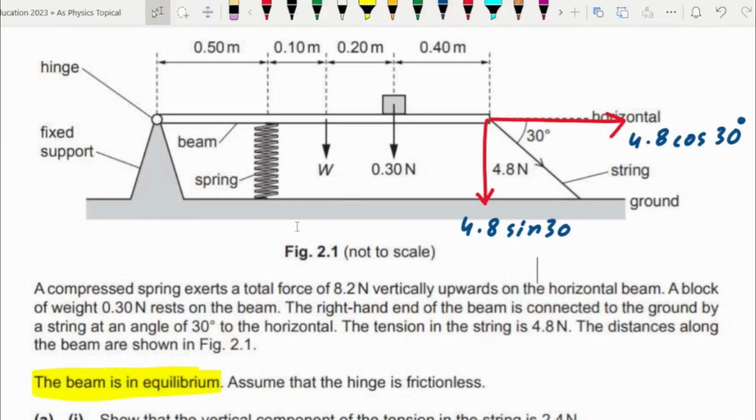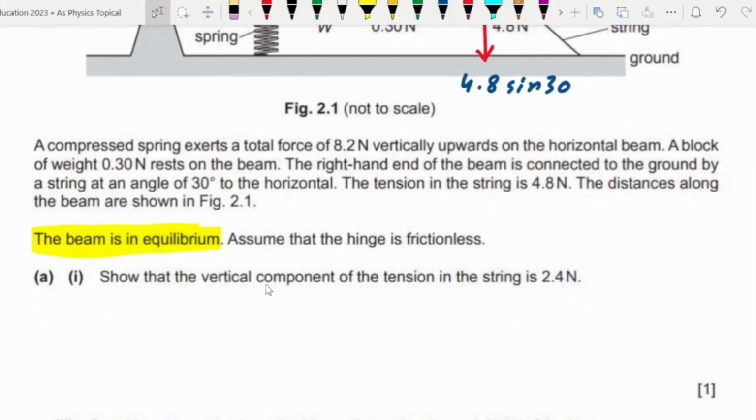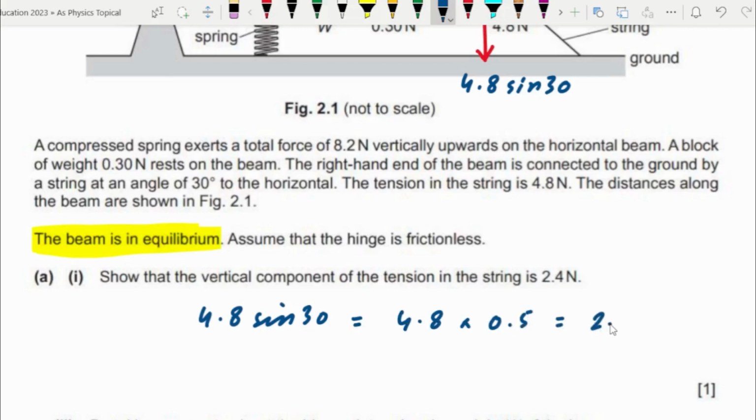Sin 30 is, by the way, 0.5. So you write 4.8 times 0.5, and the number would be reduced to half, 2.4 Newton. So this would be the answer to the first one. Kind of an easy question.